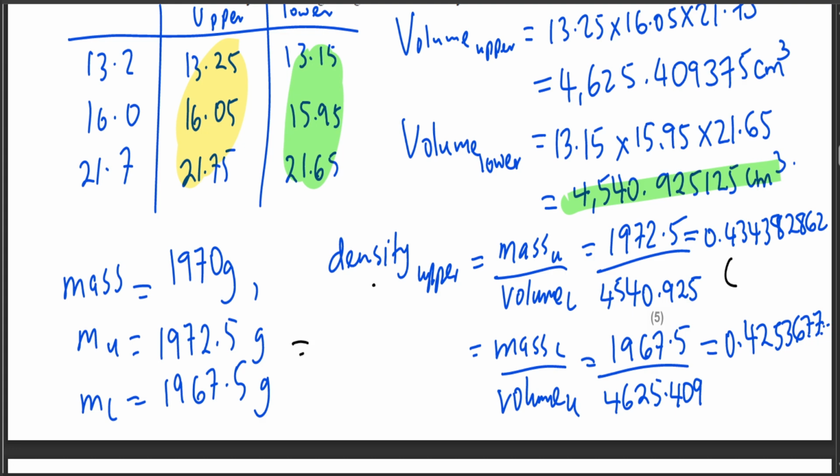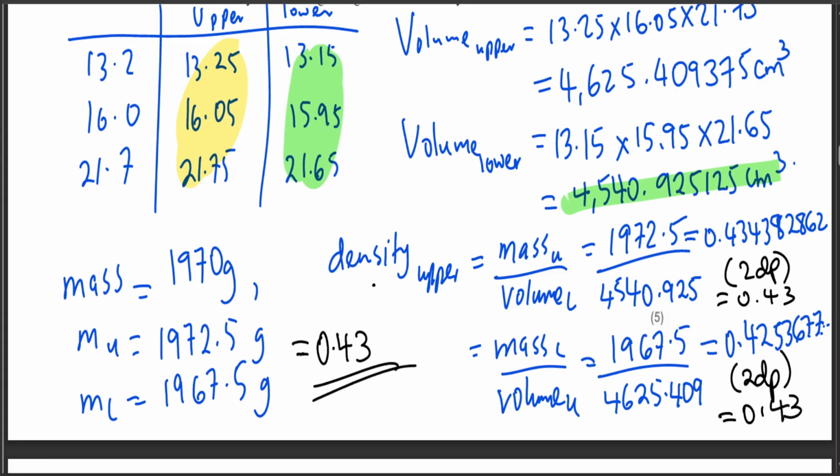This one to 2 decimal places, and also this one to 2 decimal places. Because if you round that to 2 decimal places, it gives you the same thing. It's going to give you 0.43, and this one will also give you 0.43. So that is our final answer, 0.43 grams per cubic centimeter.